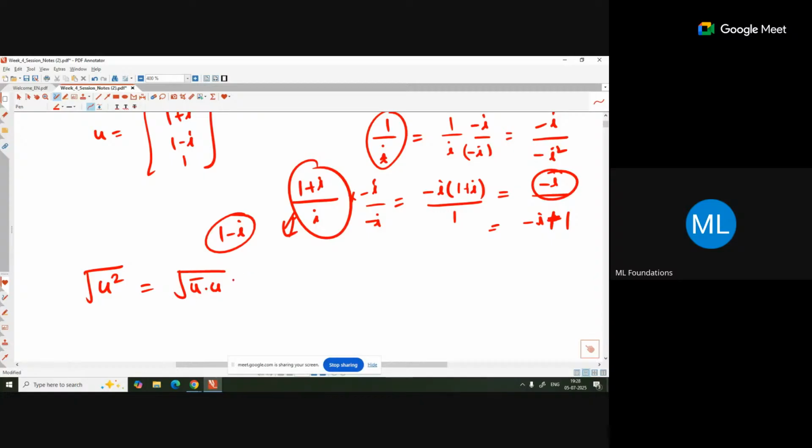If I remove that, let's say you have two vectors a and b, the dot product between the two vectors is represented by this. In linear algebra it is a transpose b. Both are the same.